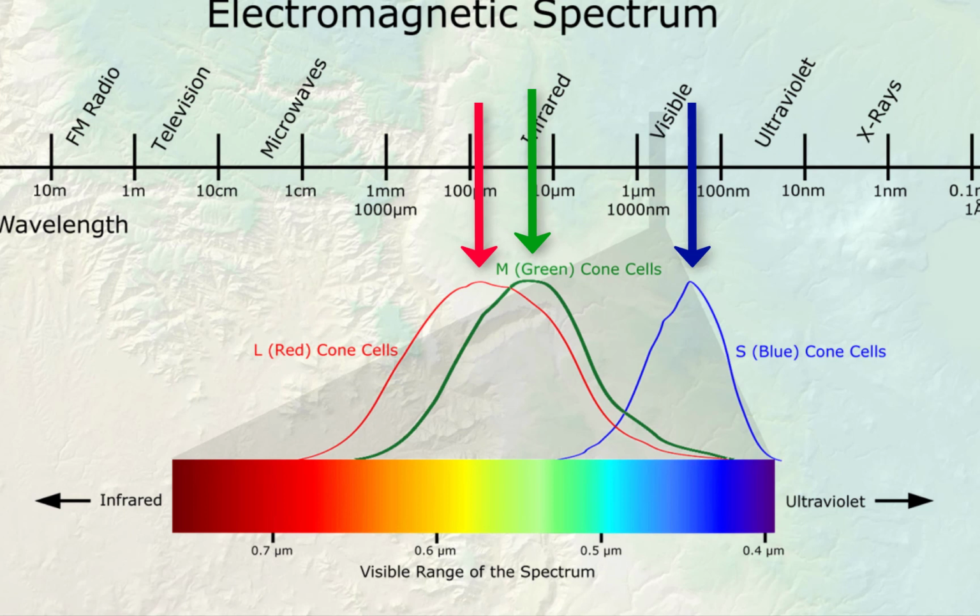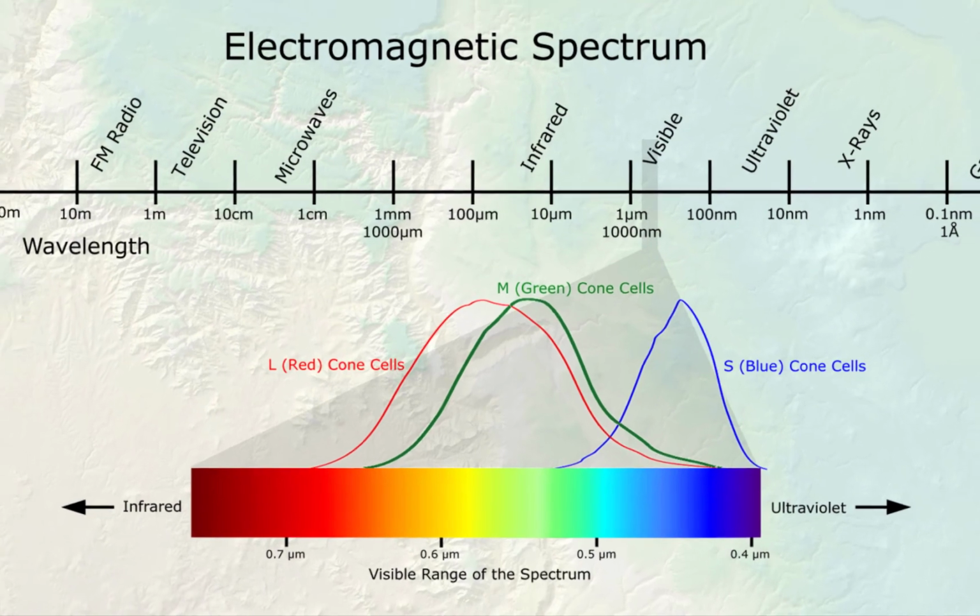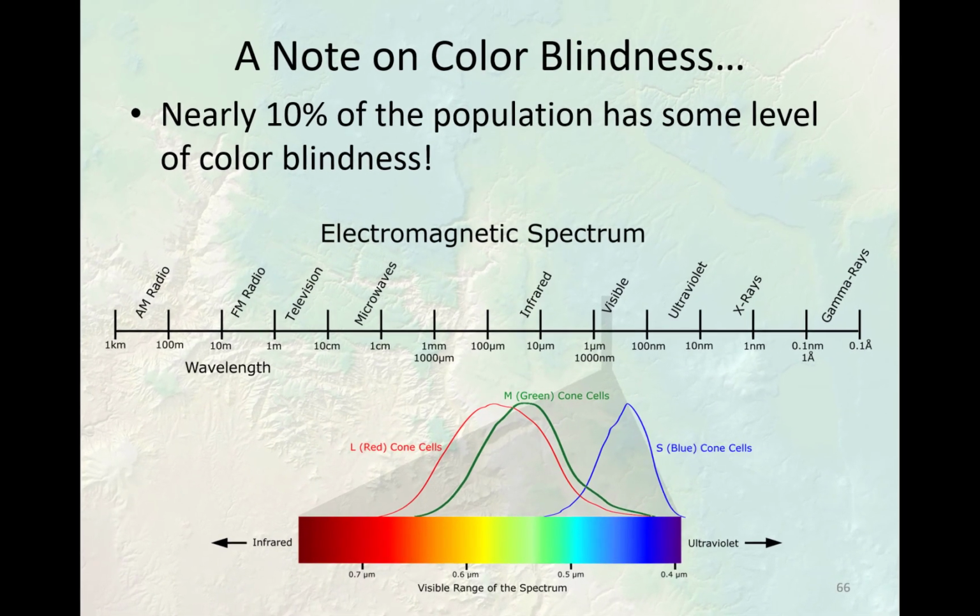So there's a lot of people who have a condition in their eyes in which one or two types of cone cells may not be working correctly, or else two types are just too similar to each other, especially with the L and M cells you see in this image. And when this happens, basically the L and M cells are seeing the same frequency, so the person can't really distinguish between these two frequencies.